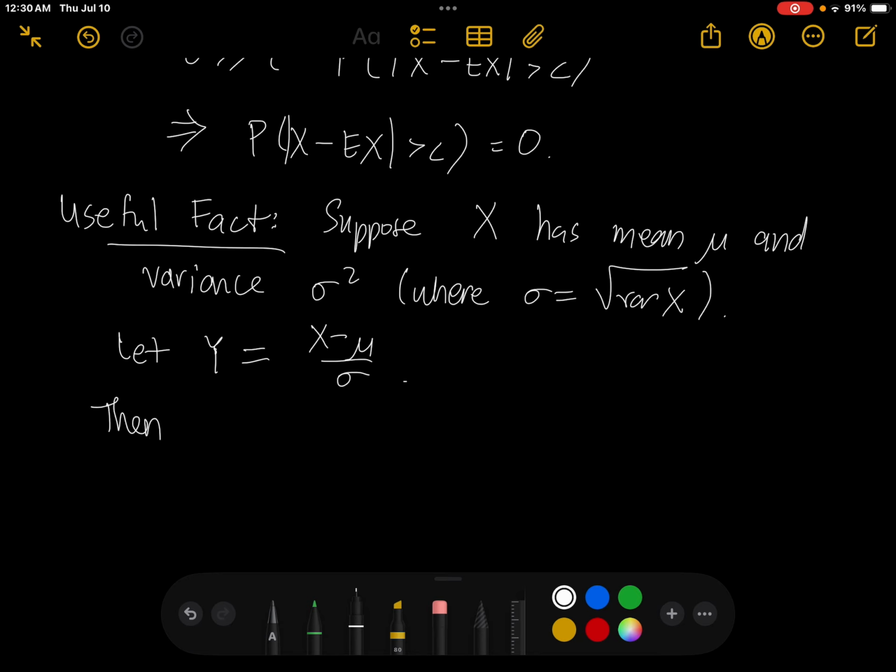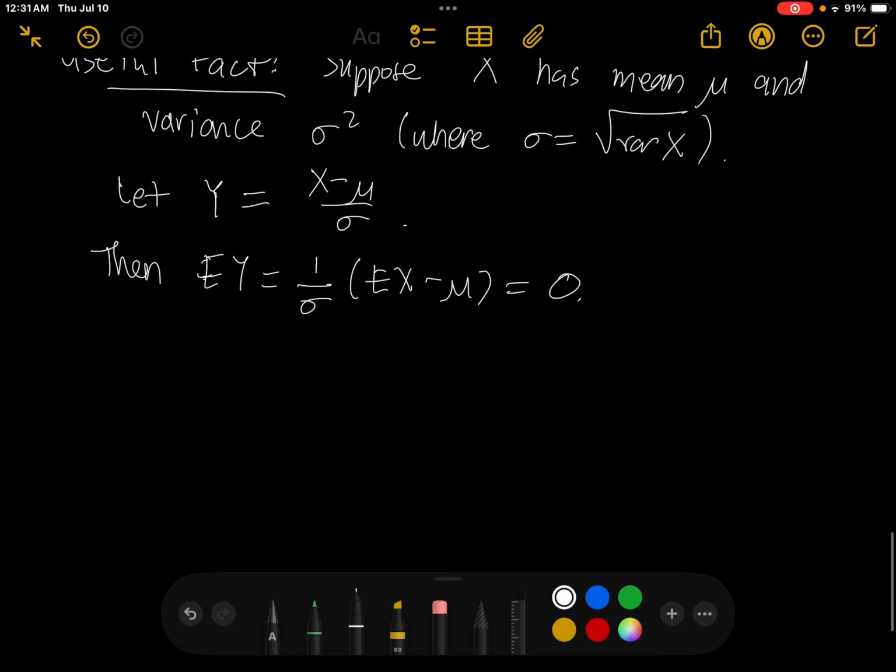Then, well, by the linearity of expectation, the expectation of y is equal to 1 over sigma times the expectation of x minus mu. Well, that's just 0, because the expectation of x is equal to mu. And what about the variance of y? Well, we've seen what happens.